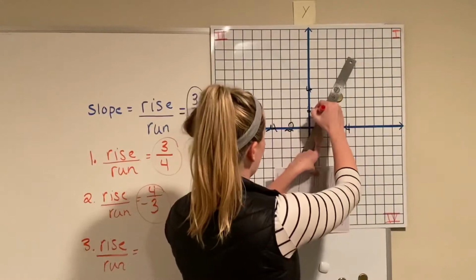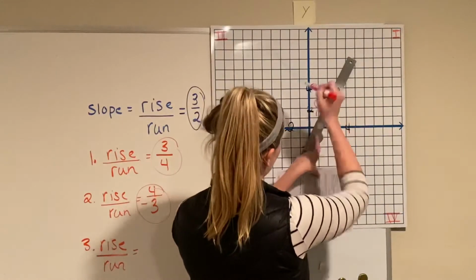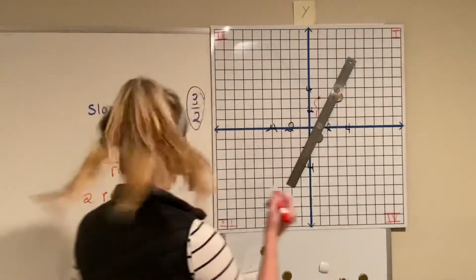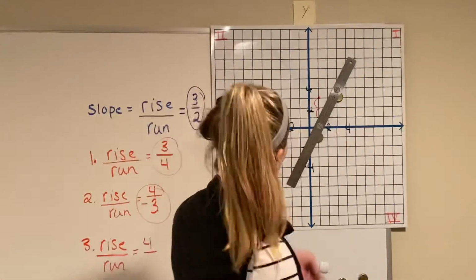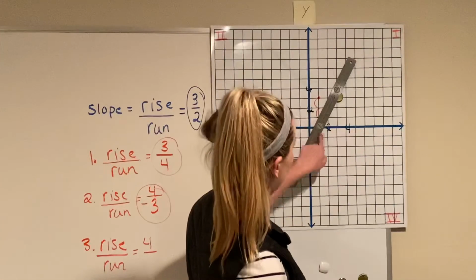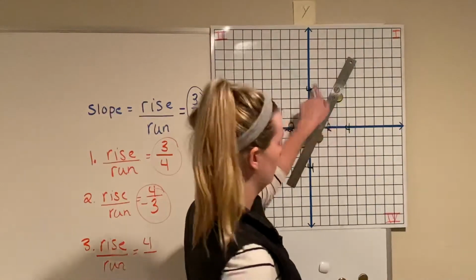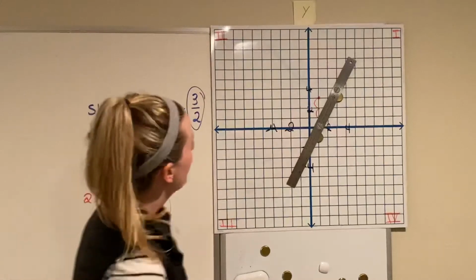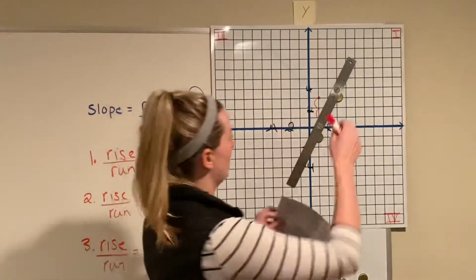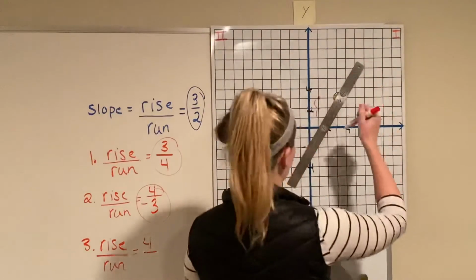Then from 1 to 2, 2 to 3. We went up 4 units. And again, we started at -1 and we went to 3. So -1 to 0, 0 to 1, 1 to 2, 2 to 3. Up 4 units.